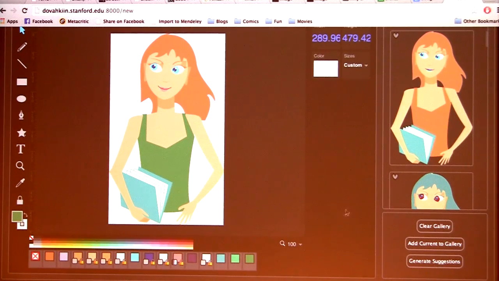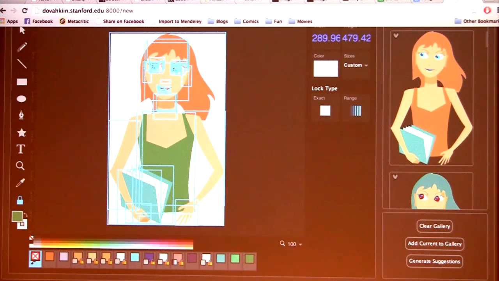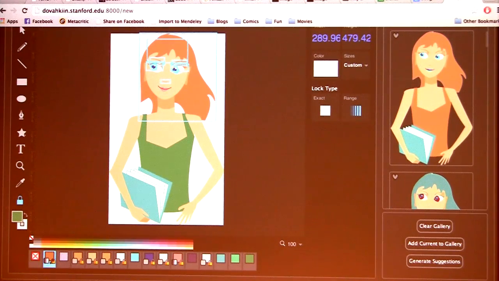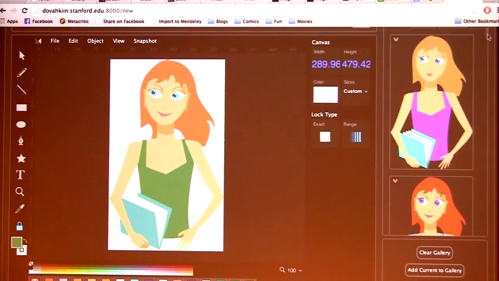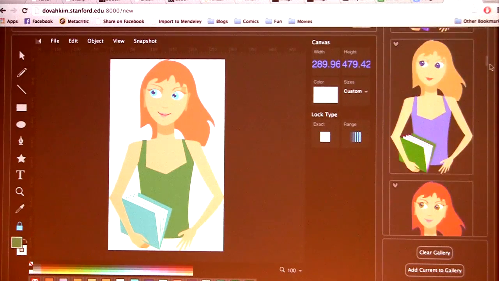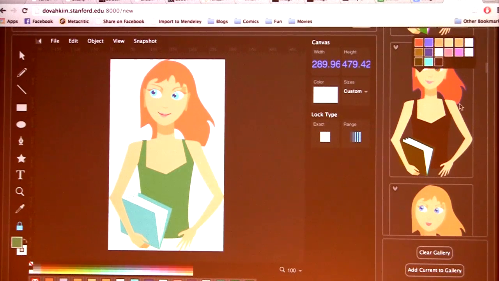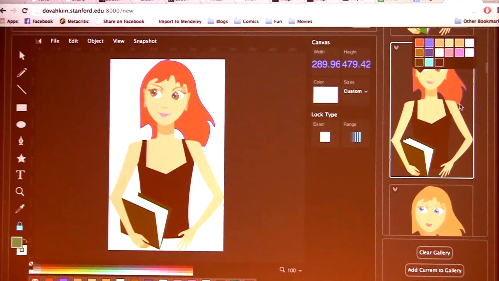And I like orange hair, so let's look at other colorings with orange hair and generate more suggestions. Alright, so you get suggestions that fit orange hair. And actually, I think this one looks pretty nice, so let's stick with this one.